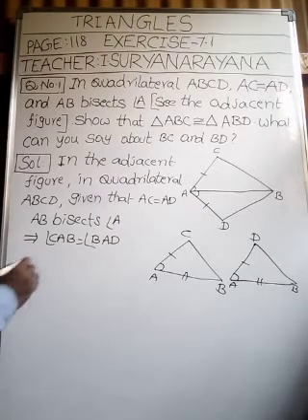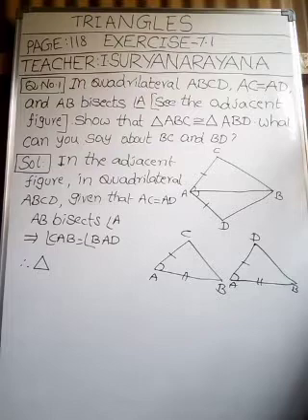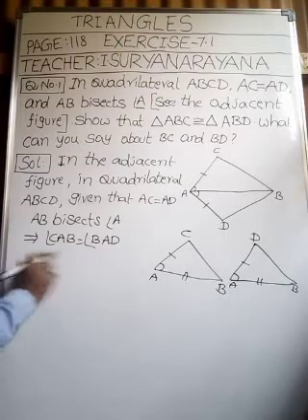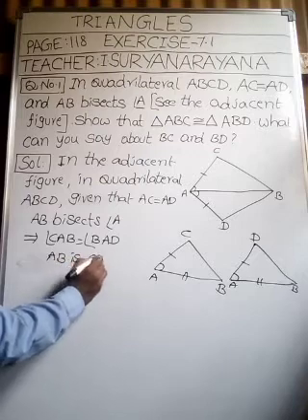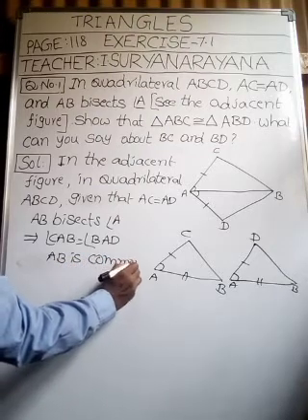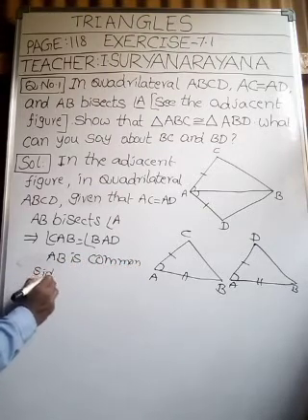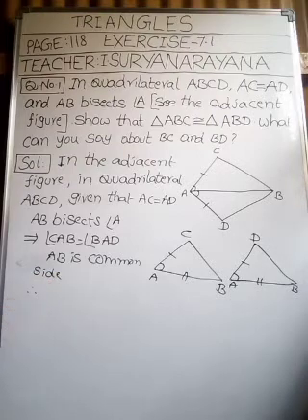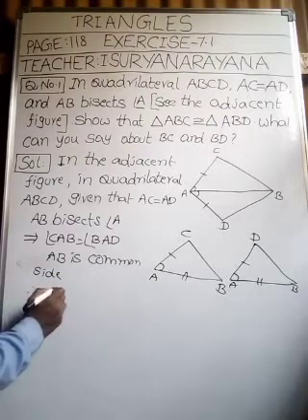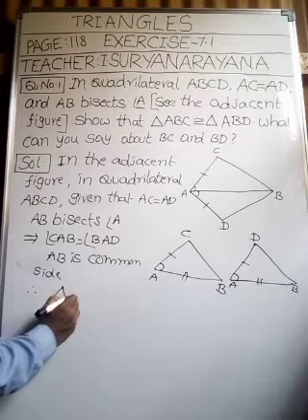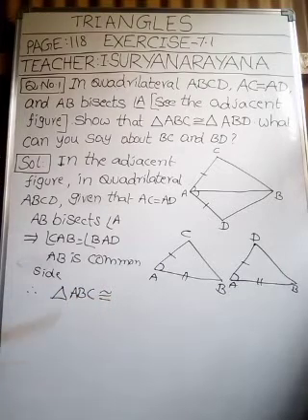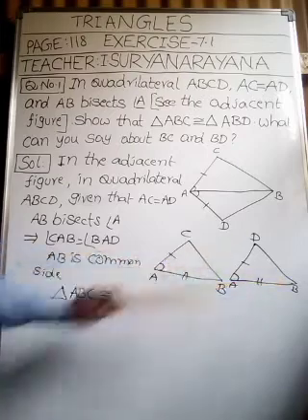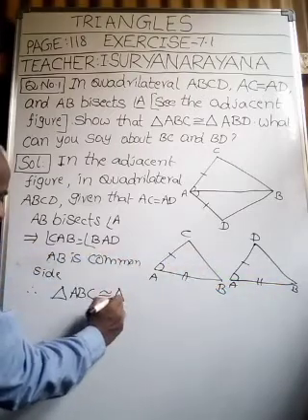So therefore we can say that here AB is common. Let us write that sentence also. AB is a common side. Therefore, what can you say here? Triangle ABC is congruent to triangle ABD.